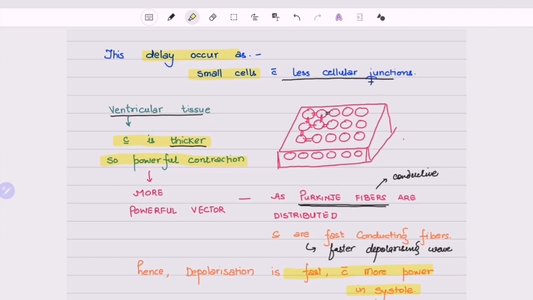So ventricle tissues are thicker and have a special conductive tissue, the Purkinje fibers, which allow them to push the blood with more force, with more contraction.